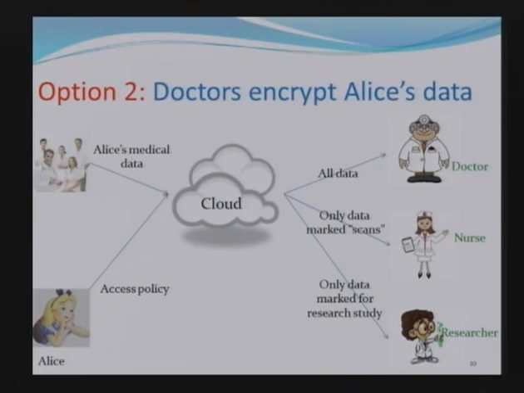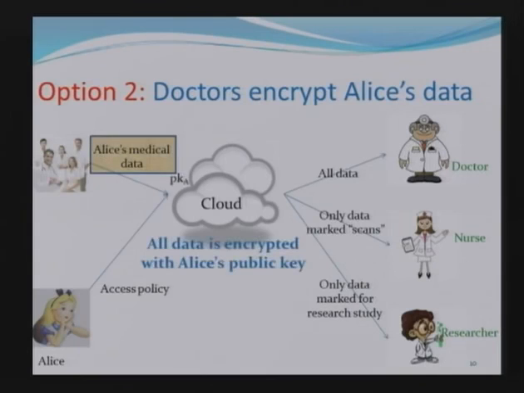So the second approach is to have the hospitals encrypt Alice's medical data. Whenever data is uploaded, it's encrypted under Alice's public key and sent to the cloud. Now, this works in the sense that the cloud does not learn anything about the health records, but how do we implement the access policy?